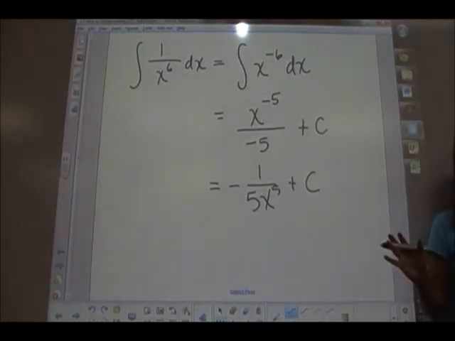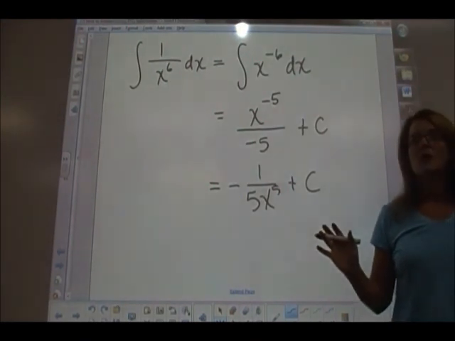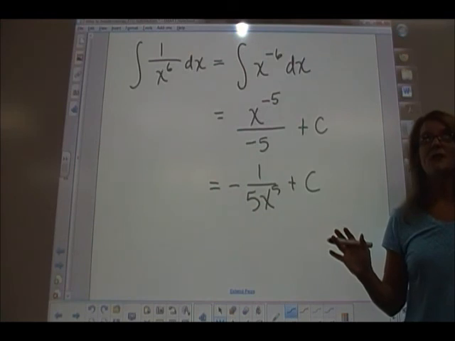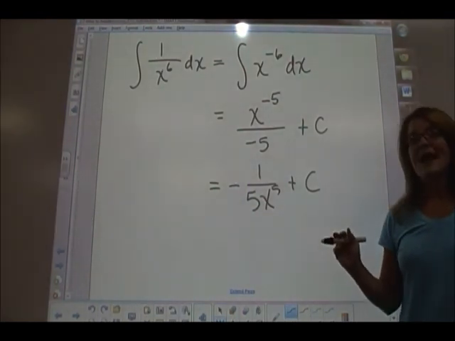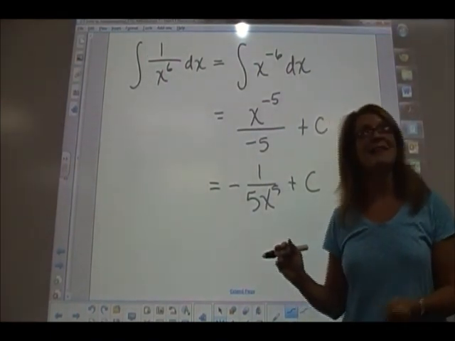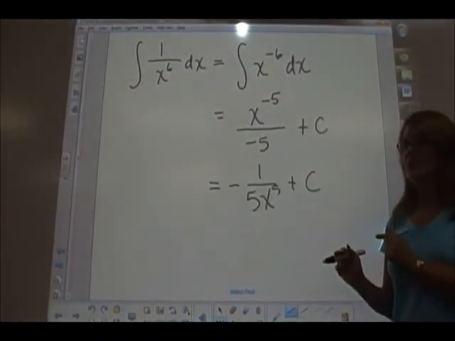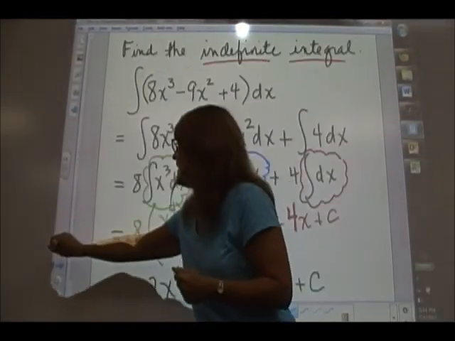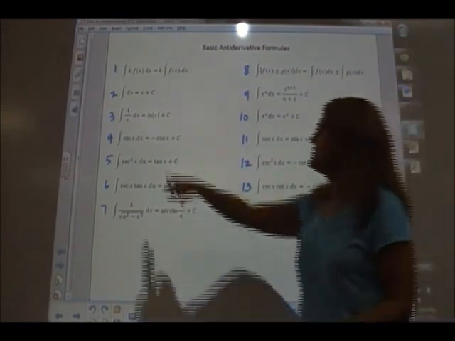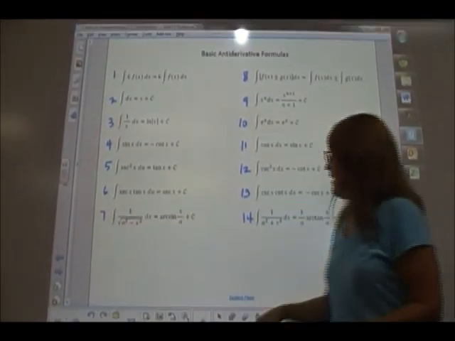Are we always going to need to do that with division? You will always have to do something with division. It might not be this, but you will. In other words, what you're saying, Nick, is we have no division on this sheet except here, here, and here.